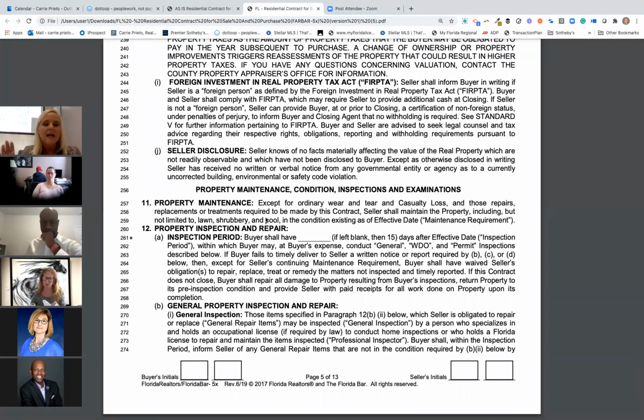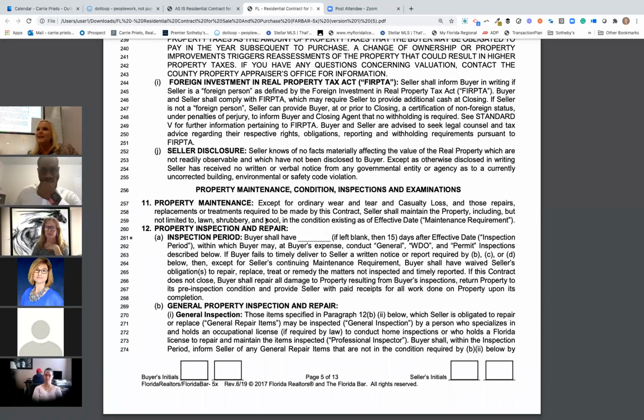The reason is because the residential contract before the crash in real estate, when realtors put together a buyer and a seller, did we think that the buyer was going to back out? Did we want to get the buyer in a contract so they could back out? Right? We wanted them in the contract because they wanted to buy a home. We wanted to make sure they understood they could have this property inspected.